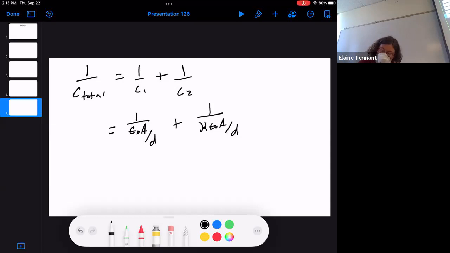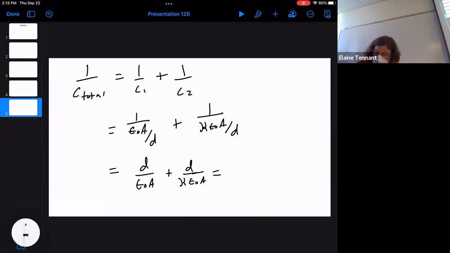Well, first thing I'm going to do is put that D on top. So we have D over epsilon naught A plus D over kappa epsilon naught A. Okay, and again, I'm going to want to factor some stuff out. So what can I factor out? D over epsilon naught A. And so I'm left with 1 there and 1 over kappa there.